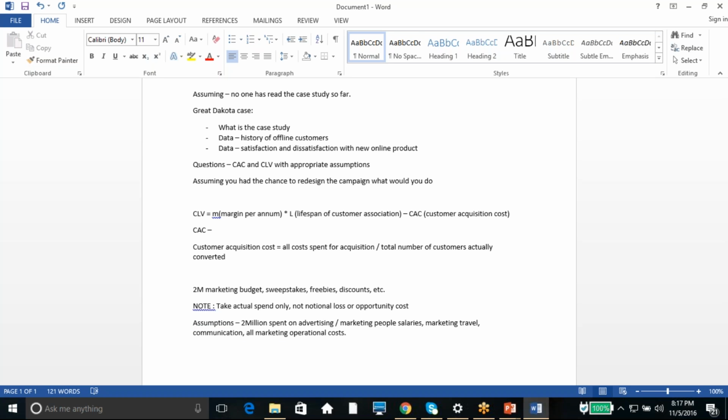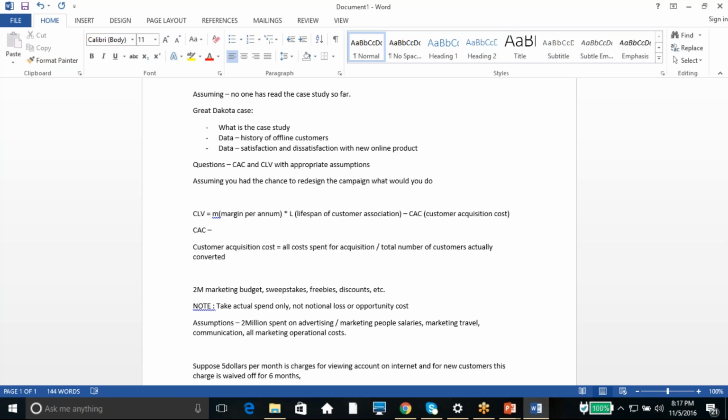Then as far as the freebies are concerned, let me take that example. Suppose $5 per month is charged for viewing the account on internet, and for new customers this charge is waived off for 6 months.